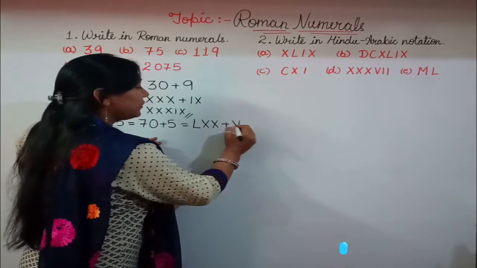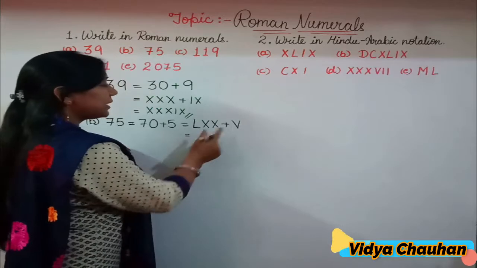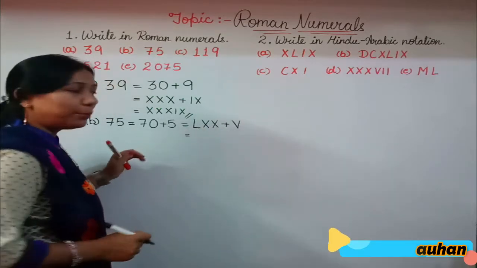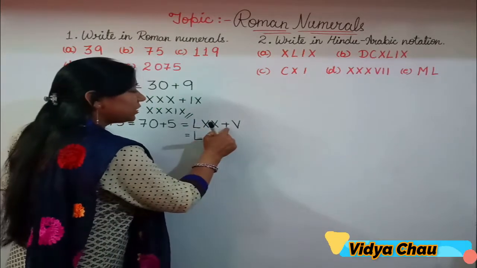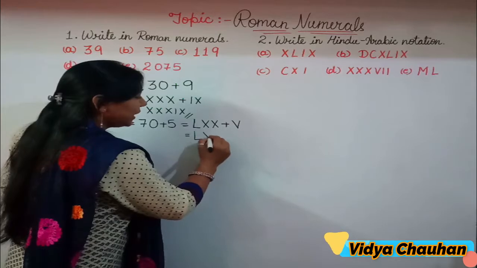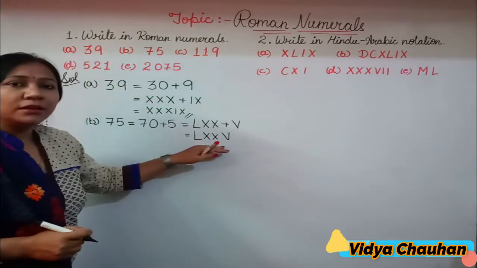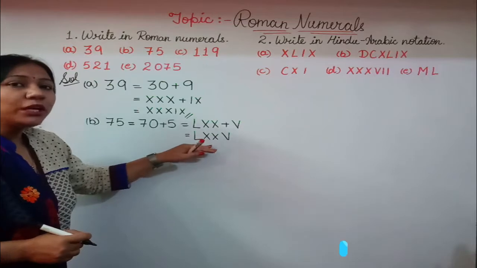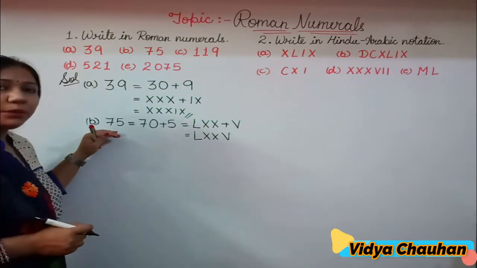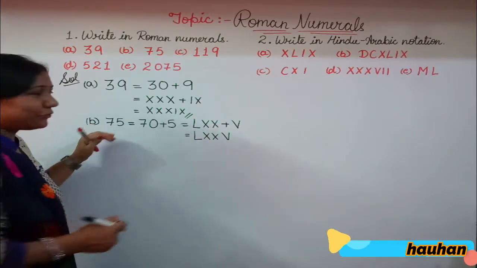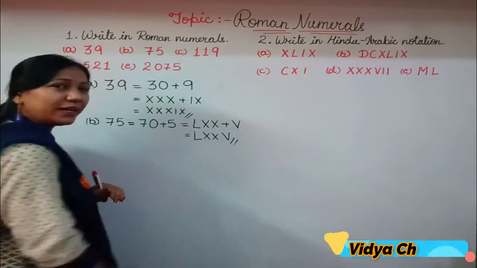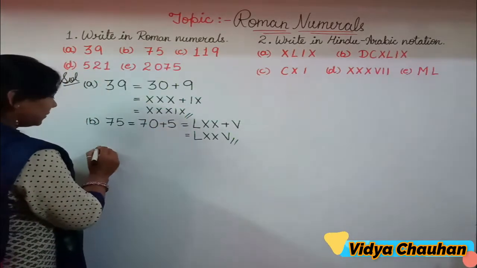The symbol of 5 is V. In the next step, since we have to write it in the combined form, let's write it without the plus: LXXV. This is the Roman numeral for the given Hindu Arabic number 75. Second answer done.